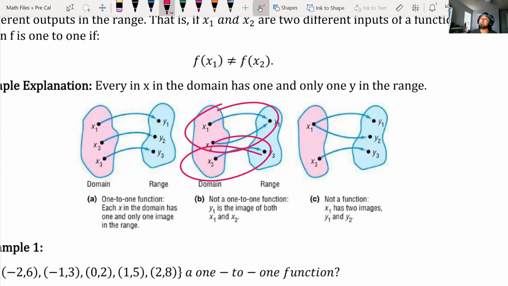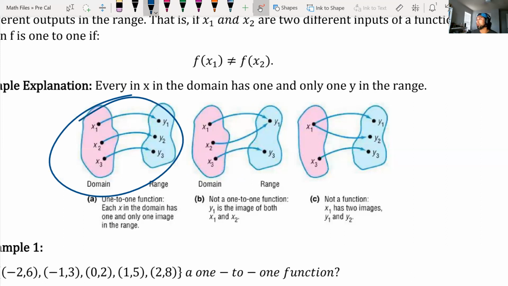To be one-to-one, every x must have exactly one y. They cannot repeat. And the third picture is not a function at all, because now one x value goes to two y values. All right, but again, our focus is on a one-to-one function. Every x must have one and only one y.